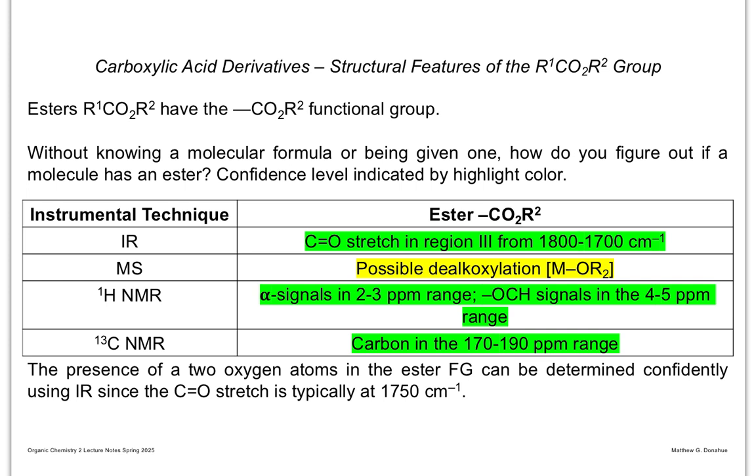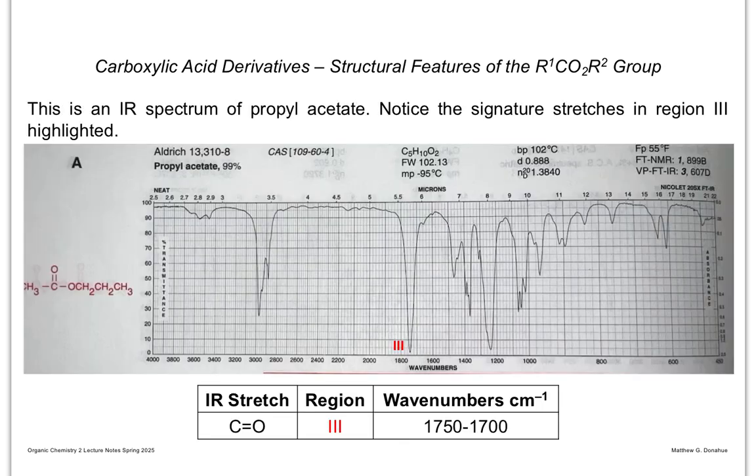But the main thing is you need a degree of unsaturation and at least 2 oxygens to get an ester. So we see the carbonyl usually 1700 to 1750, but again, that's the same region as a ketone.